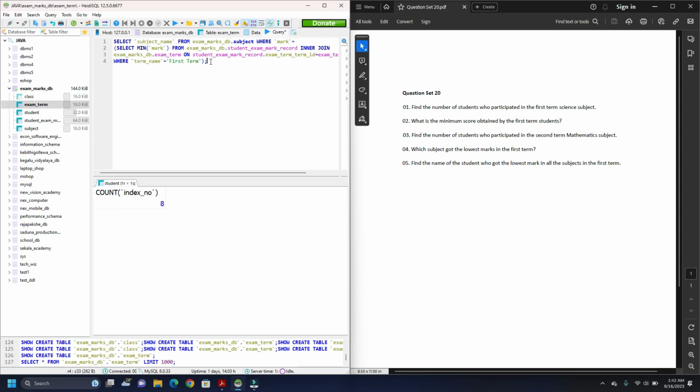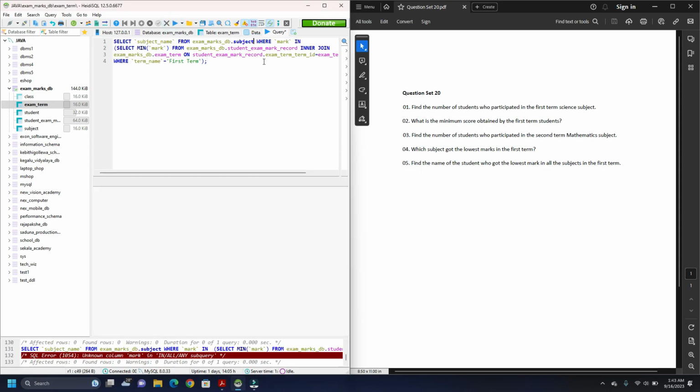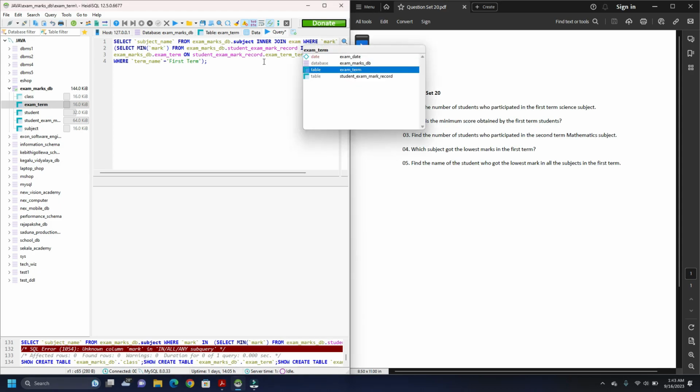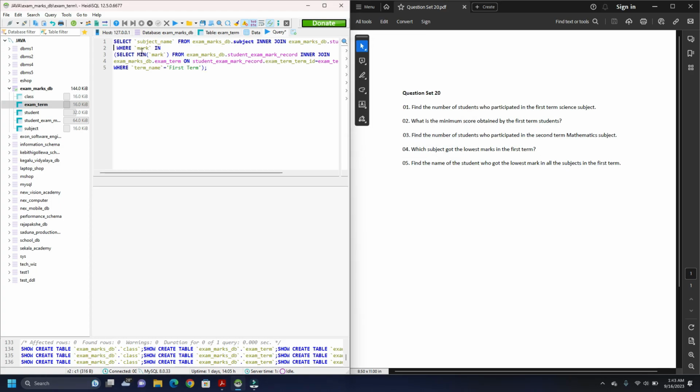Let's go ahead and execute it. So here you have to join the student exam mark record table first in order to get the mark here. So joining it with subject table.